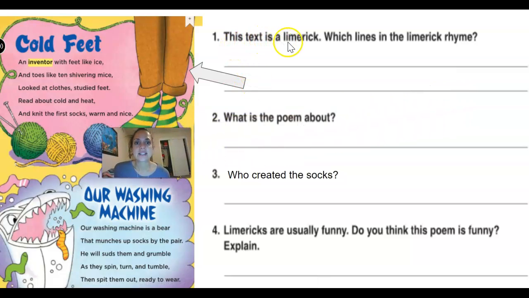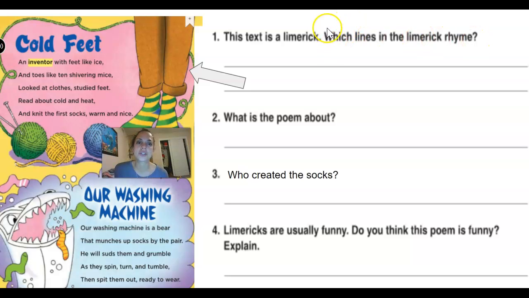This text is a limerick. Which lines in the limerick rhyme? The first, second, and fifth. The third and fourth. Okay, so we want to restate this question. Which lines in the limerick rhyme?